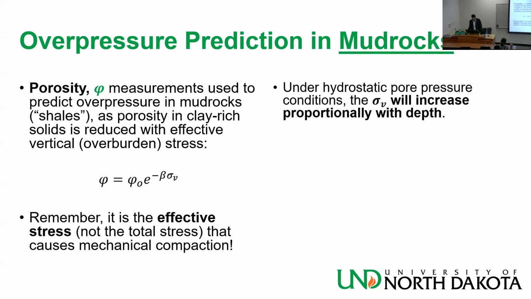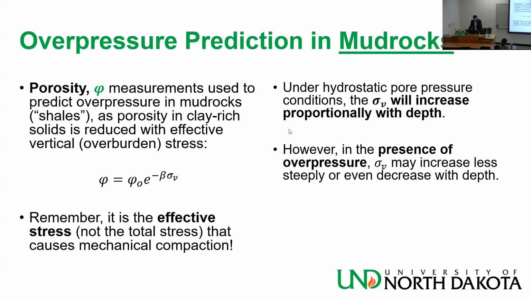Under hydrostatic pore pressure conditions, the SV will increase proportionally with depth. It's what we have seen in the homework. But the log I gave you, remember, is SV, not sigma V, on question 3 of the homework, and I gave the pore pressure, 42 MPa. However, in the presence of overpressure, sigma V may increase less steeply or even decrease with depth. I will show an example if we have time today.